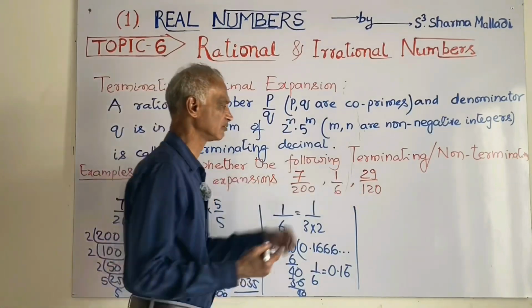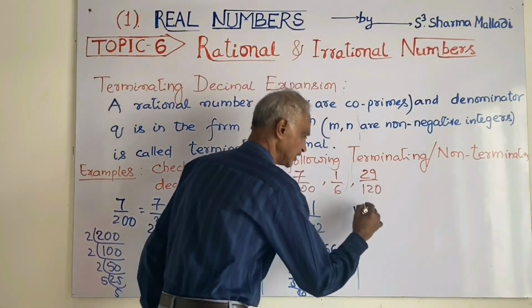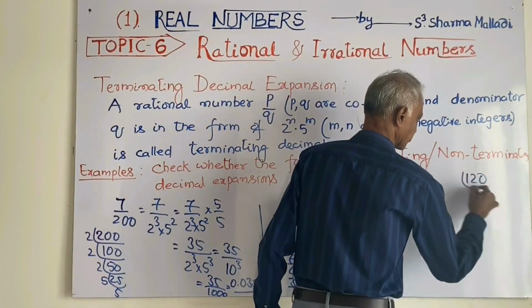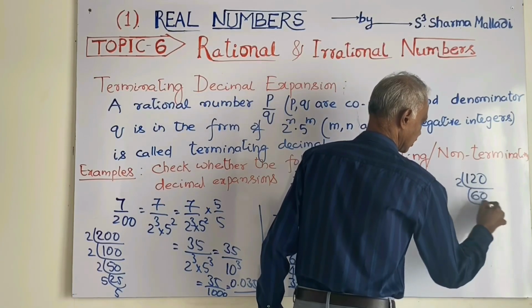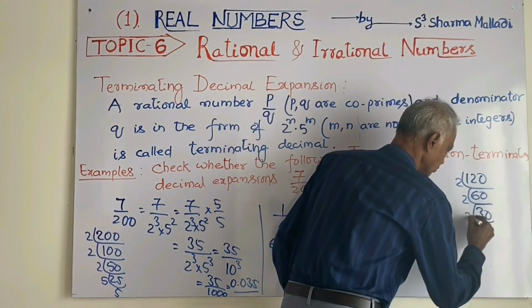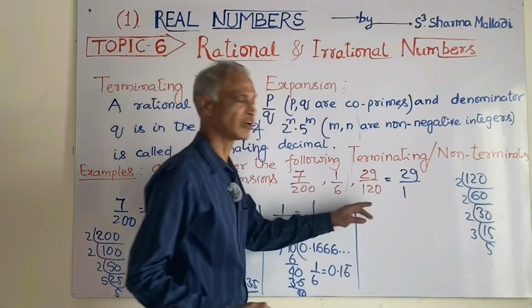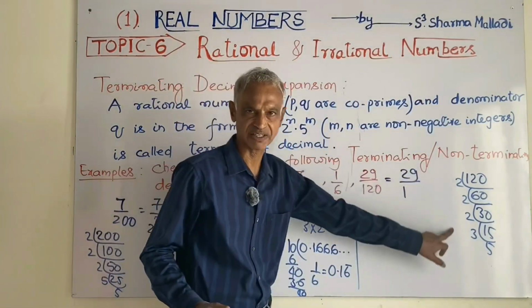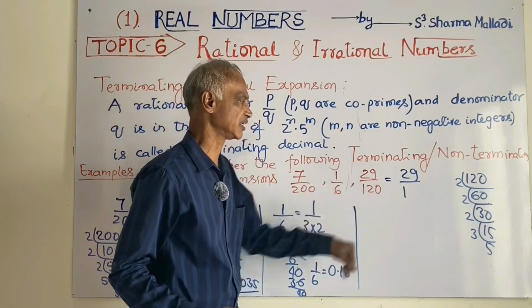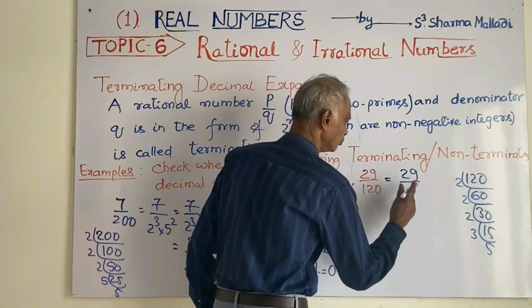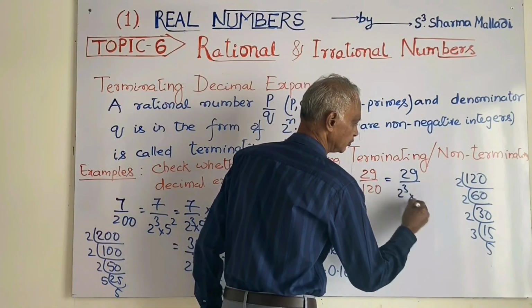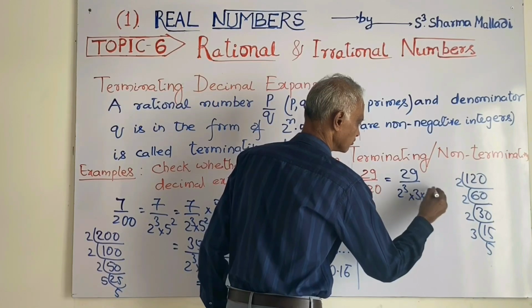Now I will take 29 by 120. 120 can be written as 2 60s, 2 30s, 2 15s, 3 5s. After prime factorization, 120 can be written as 2 cube into 3 into 5.